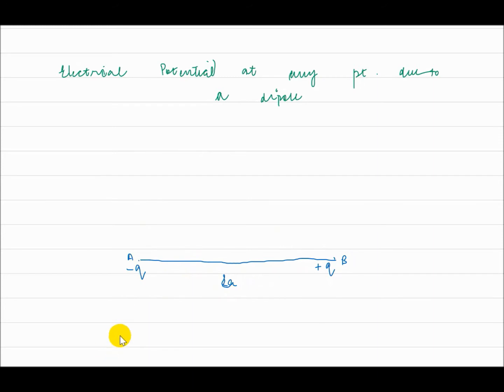Now we'll consider a point P, the observation point P, at a distance r, making an angle theta.